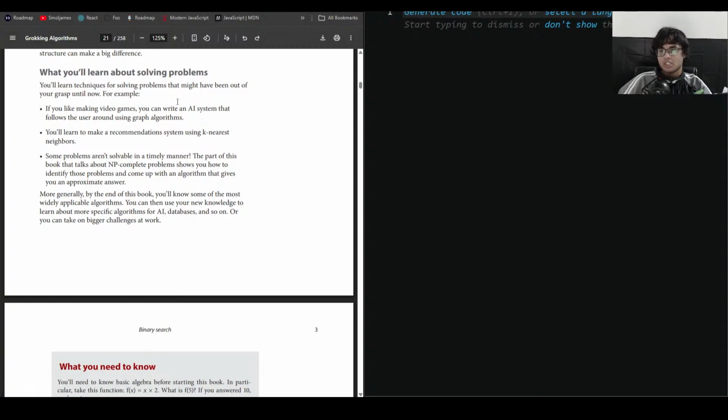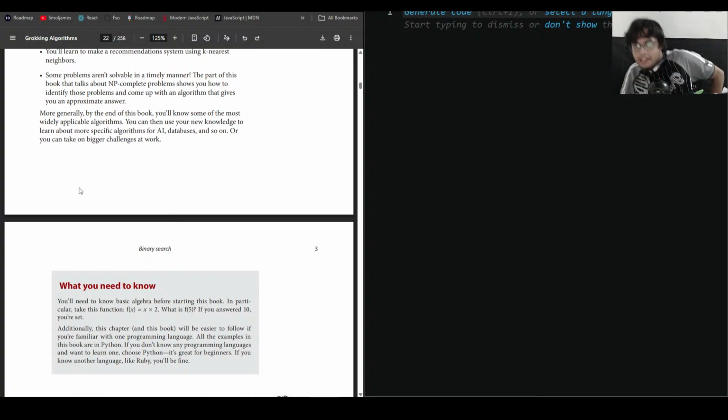Some problems aren't solvable in a timely manner. The part of this book that talks about NP-complete problems shows you how to identify those problems and come up with an algorithm that gives you an approximate answer.